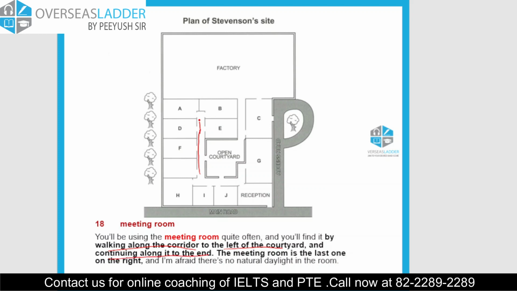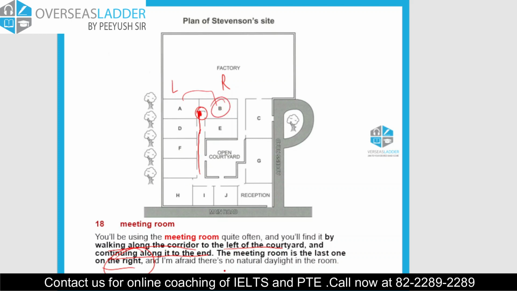That means you need to go till the end over here, right? So the meeting room is the last one. So you can see that in this, these two are the last one on the right, right? If we're going from here, this would be our left and this would be our right. So on the right, option B.